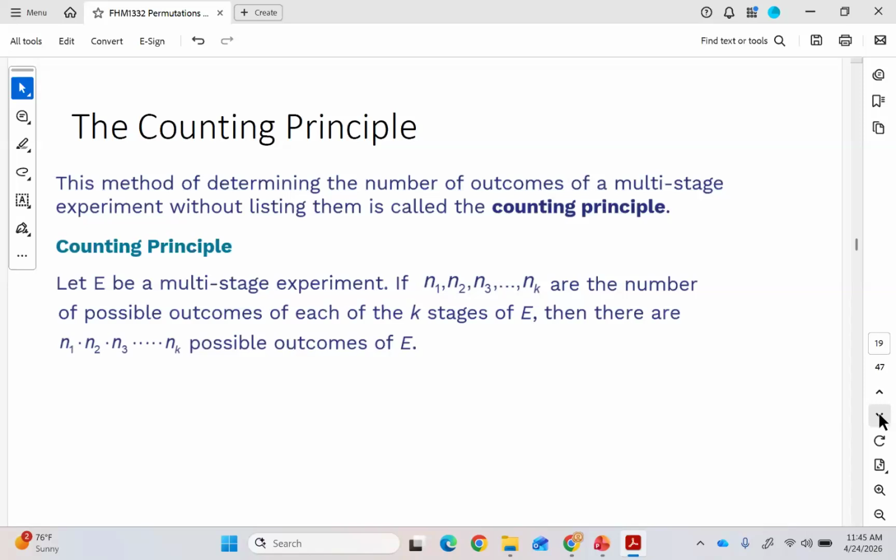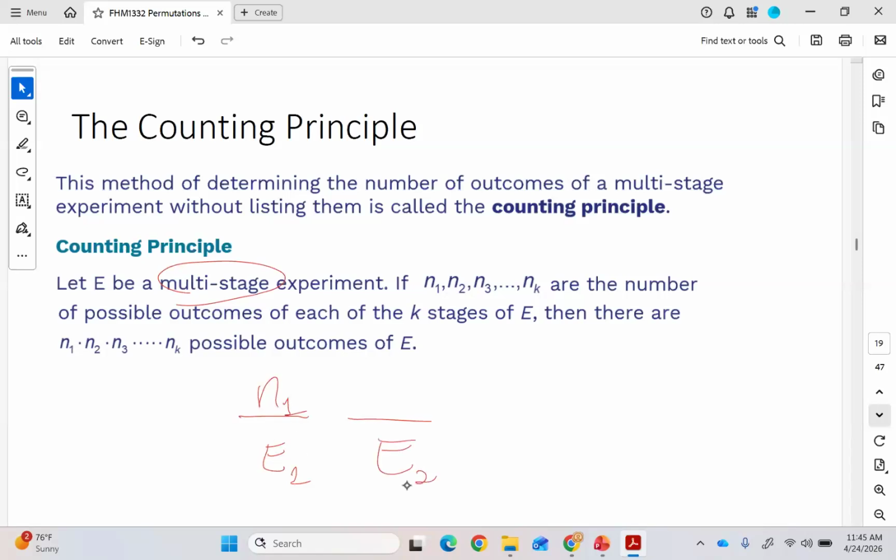So this is what the counting principle says: that if you have an experiment, they're calling it multi-stage, which means you have different stages. And each stage, which I'm going to represent with a line, can be performed in different ways. Stage one can be performed in n1 different ways.